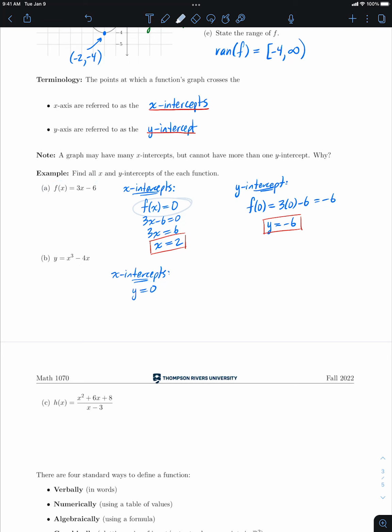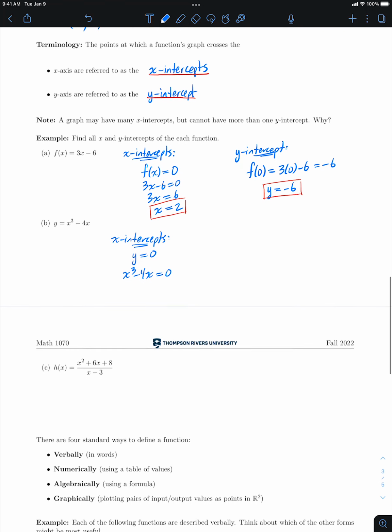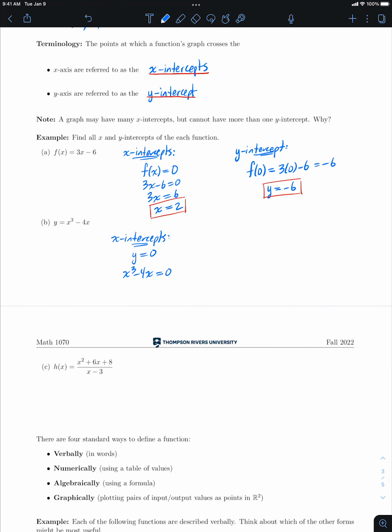This one was written as y equals a function of x, so we solve for y equals 0. And what's that going to give you? Well, you're going to have x cubed minus 4x is equal to 0. This one takes a little more work to solve. This is an example of a cubic equation because we've got a power of x to the 3 appearing.